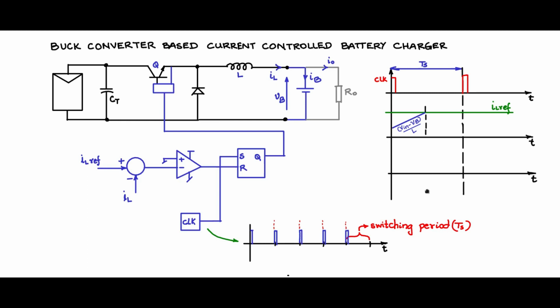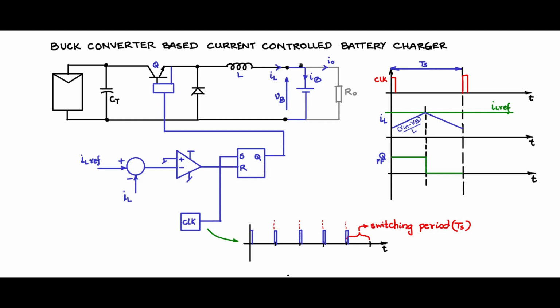So if you take this portion of the operation, you will see that if you look at the output of the Q of the flip-flop, it would have been high till this point and then it resets. So during this period, when this is low, inductor is freewheeling, you know the buck converter operation, it is freewheeling.